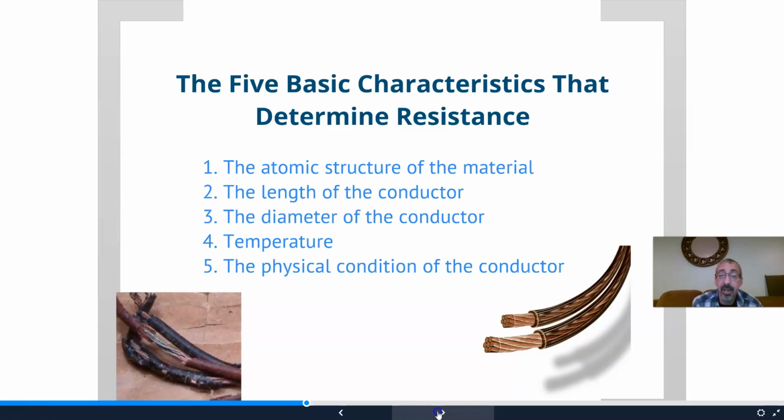Number 3 is the diameter of the conductor. Okay? The size of the wire. If we have a really small wire, obviously we try to put electrons through it and they rub because they can't fit through it and they cause heat and resistance. If we go to a bigger wire, we can put more through it.